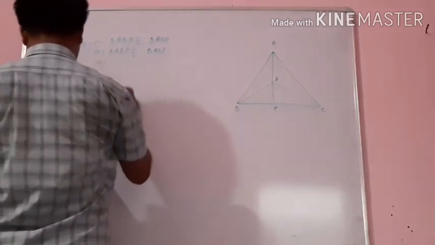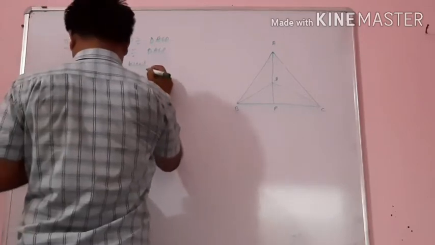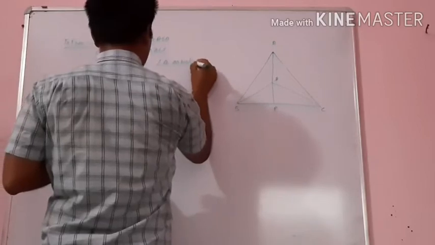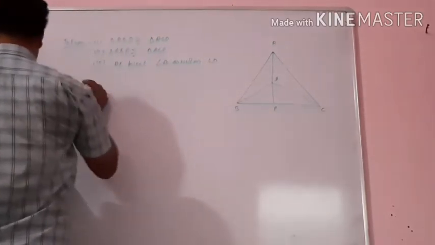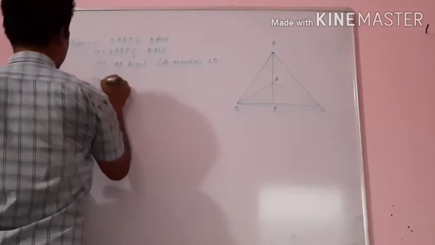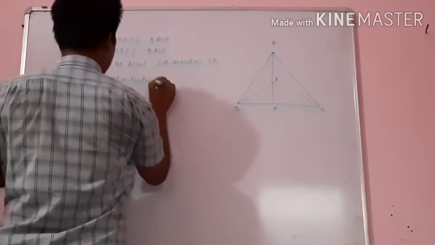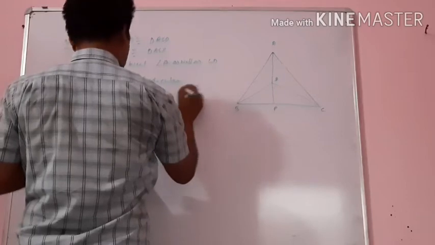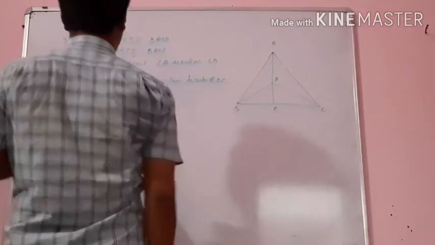Third, AP bisects angle A as well as angle D. Fourth, AP is the perpendicular bisector of BC.